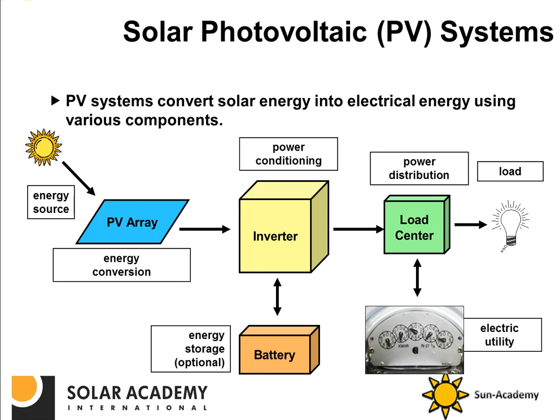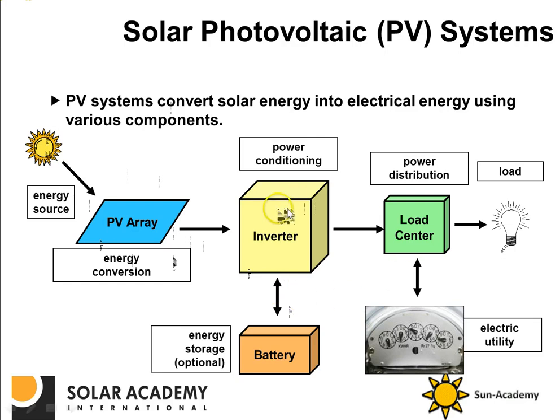What are the components of a PV system? A solar system consists of a variety of electrical components and the sun. The biggest component is the sun, which shines on a PV array consisting of many panels or solar modules which convert sunlight into direct current electricity.